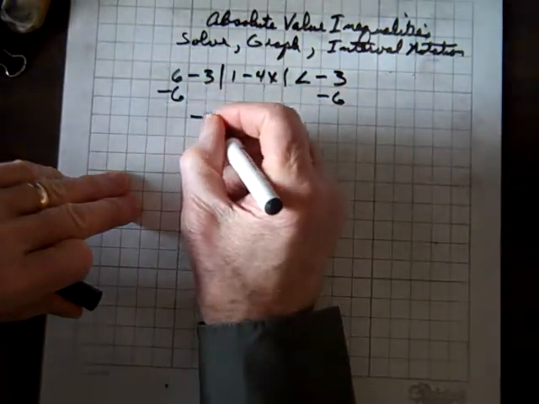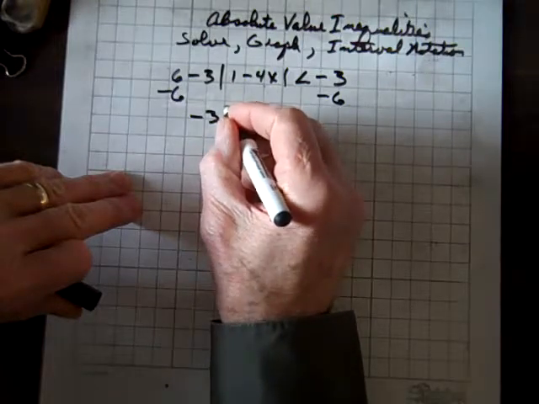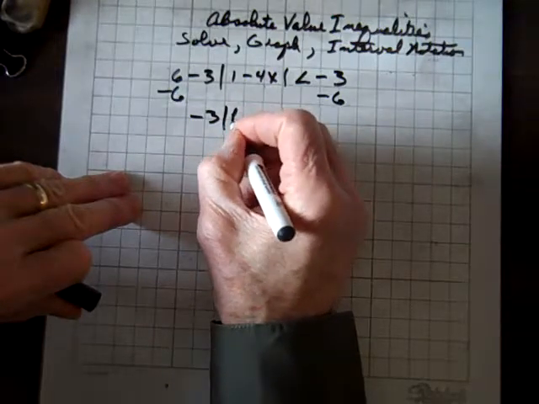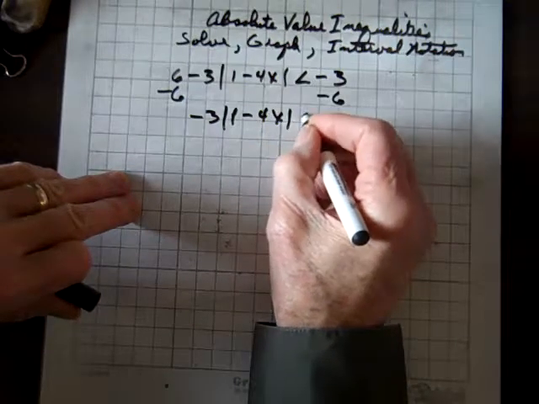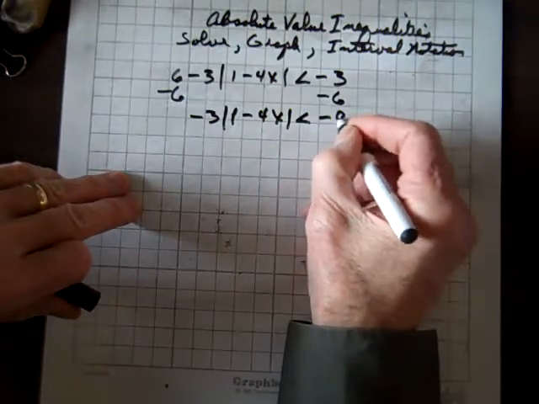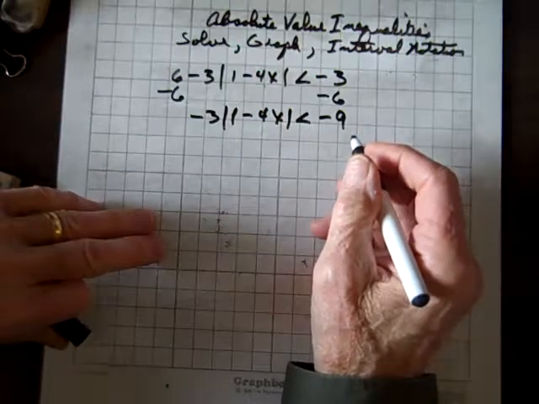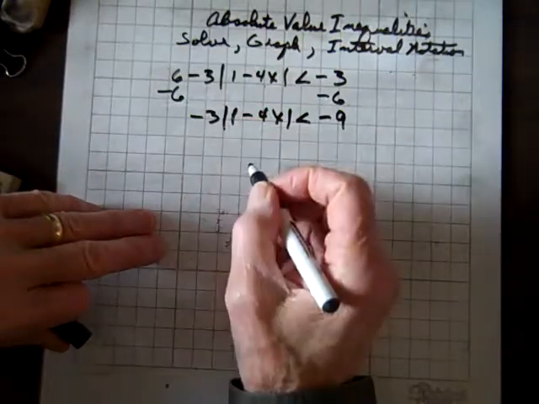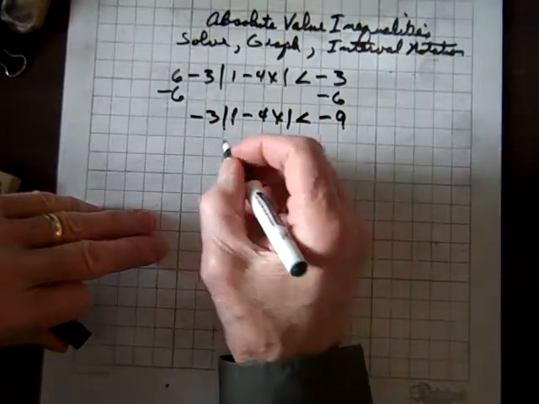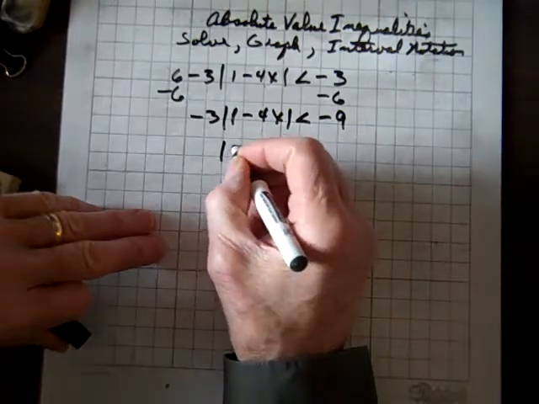And we get negative 3 then, times the absolute value of 1 minus 4x is less than negative 9.